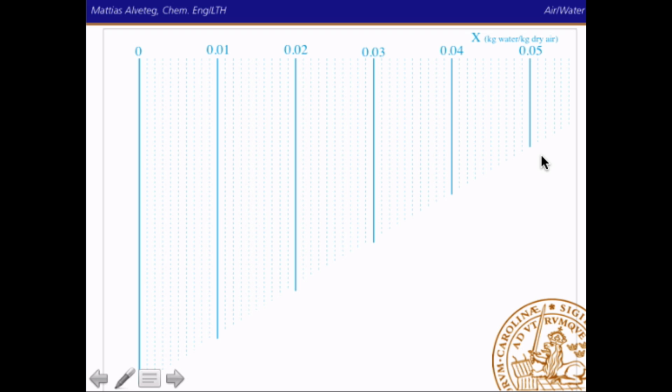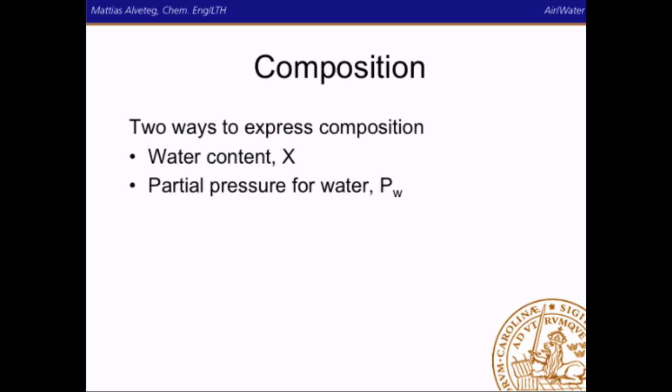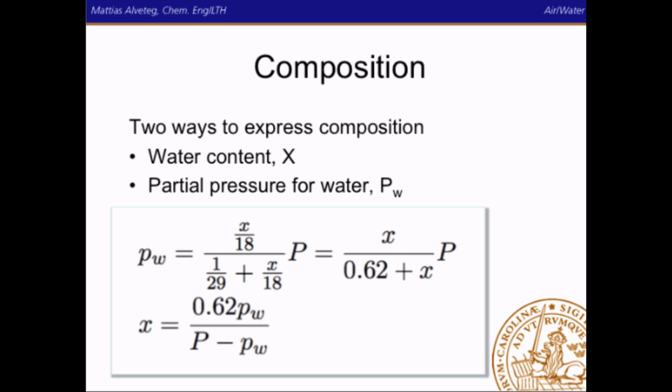But before we also draw the enthalpy, let's first realize that the composition can be drawn also as the partial pressure of water. And since we draw the Mollier diagram for a specific pressure, we can easily calculate the partial pressure of water from the water content by using the molar weight for water and the average molar weight for air.